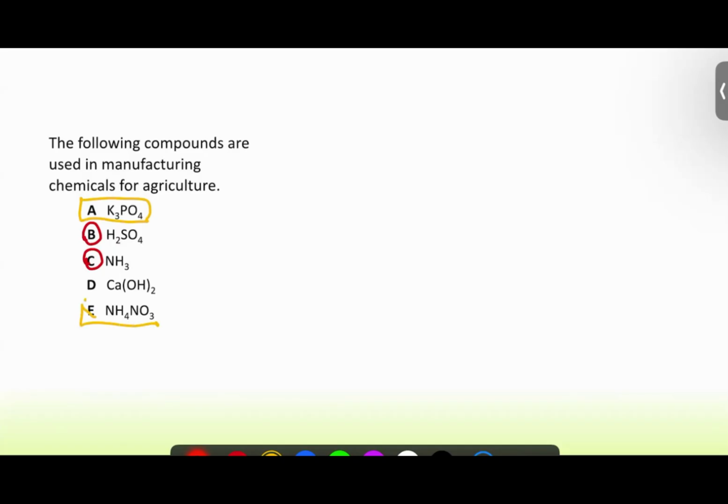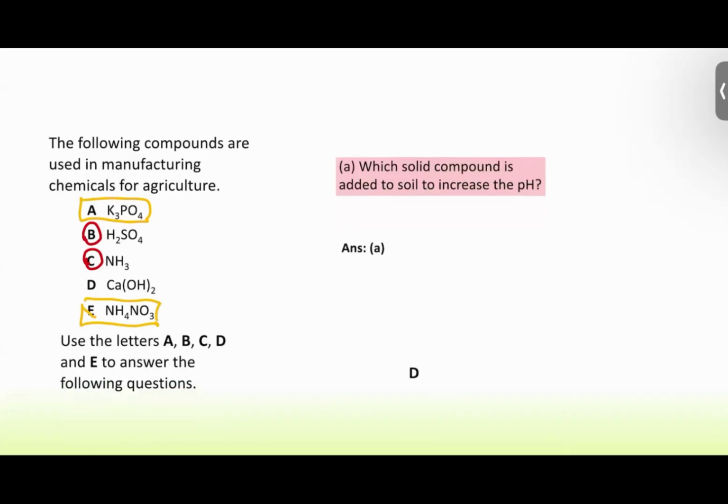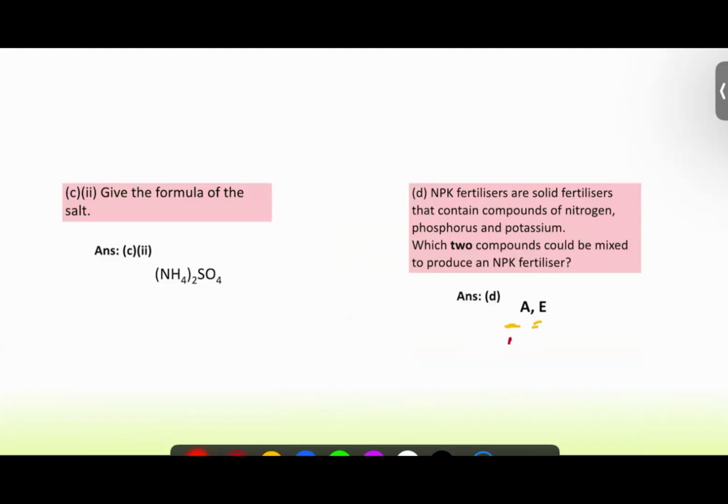So here, A and E. A is potassium phosphate and E is ammonium nitrate. When we mix these two compounds together, we'll get this NPK fertilizer.